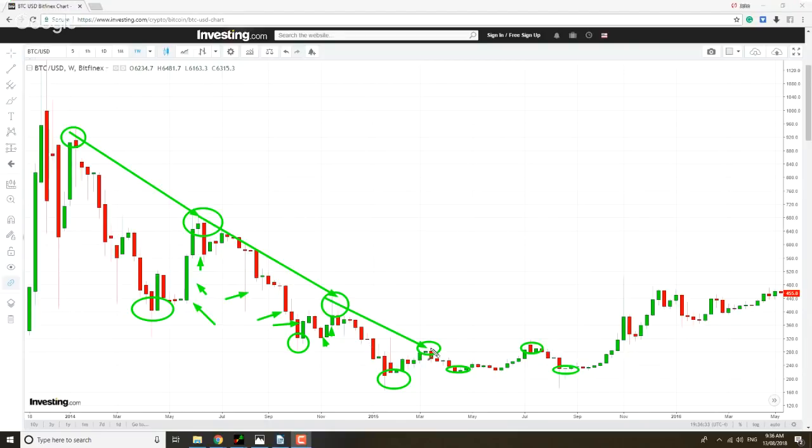When did it change? It changed when we started breaking a high. Then we came up and made this higher high and higher low. And when it hit this 400 mark, that's the weekly chart trending.